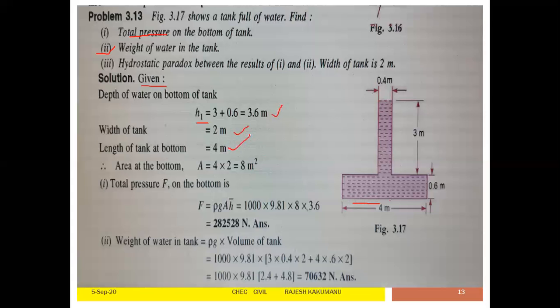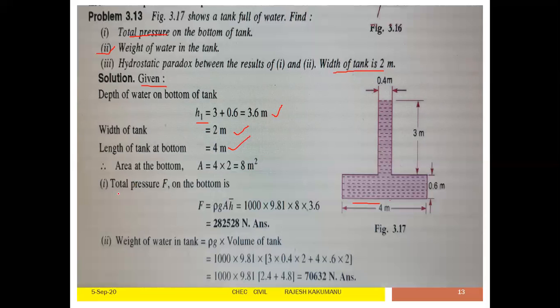Now the area of the bottom is 4 into 2, width into length. Area is equal to 8 square meters.